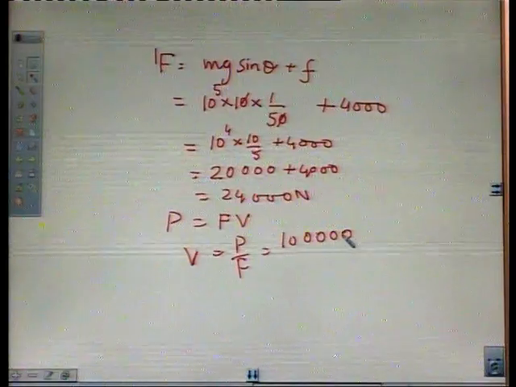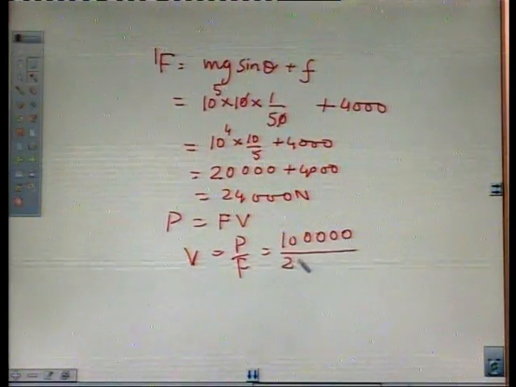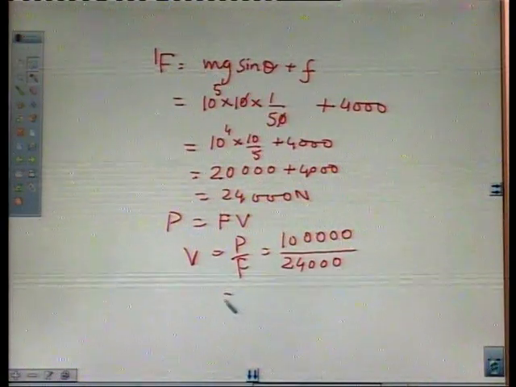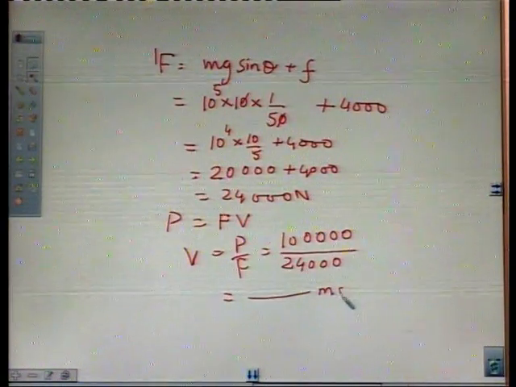Power 10 to the power 5 divided by 24,000 will give us the velocity.